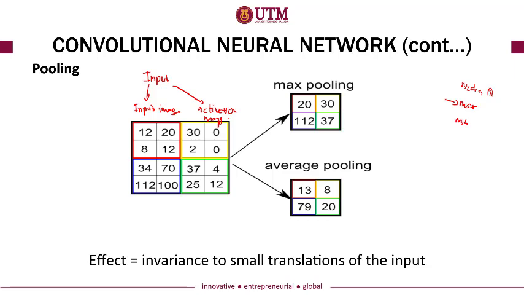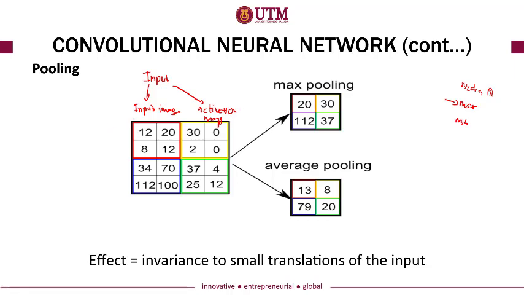So if you're applying the maximum pooling to this one, if you realize that in this example, the window size of the maximum pooling is 2 times 2.